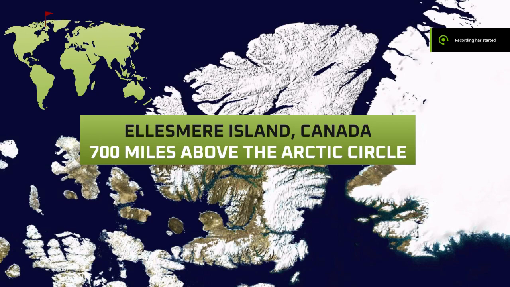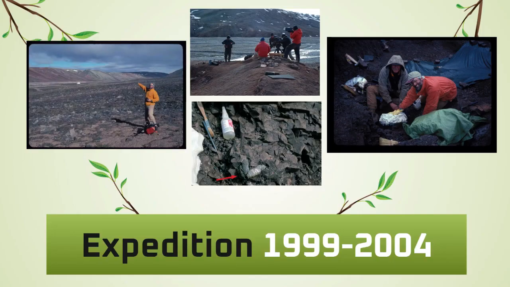Ellesmere Island, Canada, 700 miles above the Arctic Circle, was the perfect place that had rocks of the right age, rocks of the right type, and rocks that were exposed to the surface. The expedition to find the organism to bridge the gap between fish and tetrapods began in 1999 and ended in 2004.